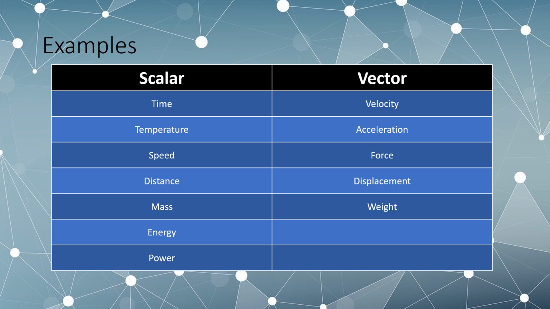Speed and velocity. Now they're both measured in meters per second, but if it has a direction, it is velocity, whereas if it has no direction, it is speed. The same is with distance and displacement. Obviously, these are different terms and mean slightly different things, but they have the same measurement. So distance is meters, whereas displacement is meters and then some sort of direction.